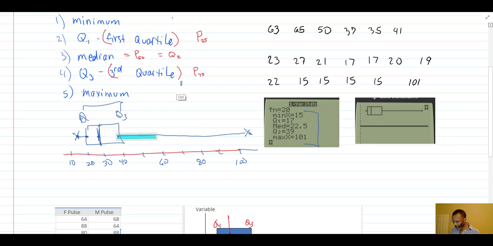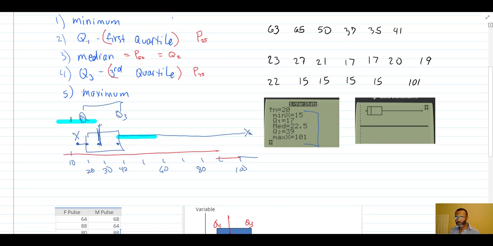And so what I'm going to do is one more thing here. I'm going to add, not quite double it, but let's take half of that. So just 1 1/2 of the interquartile range.